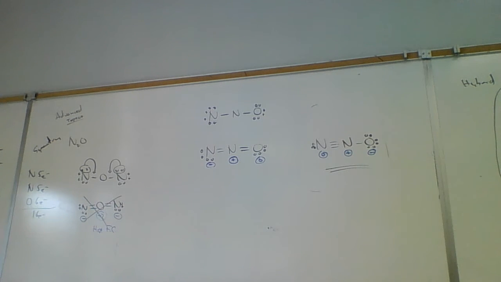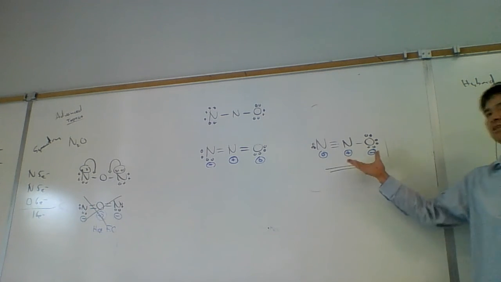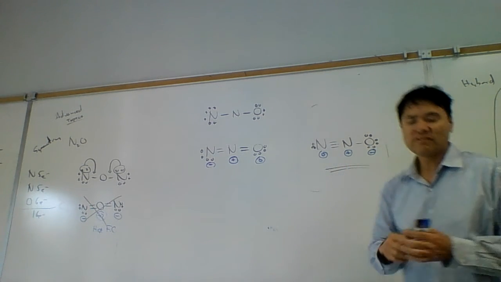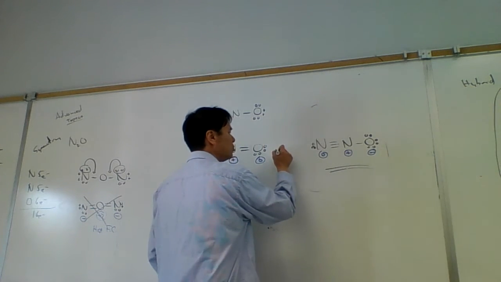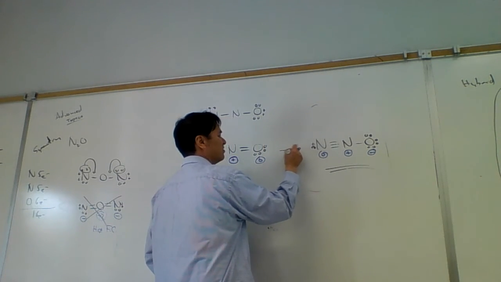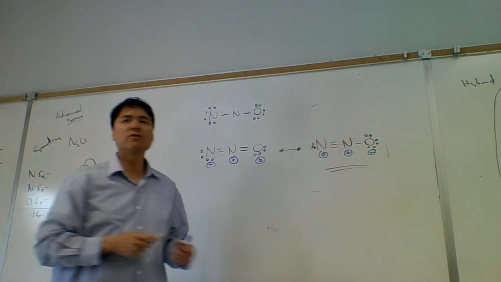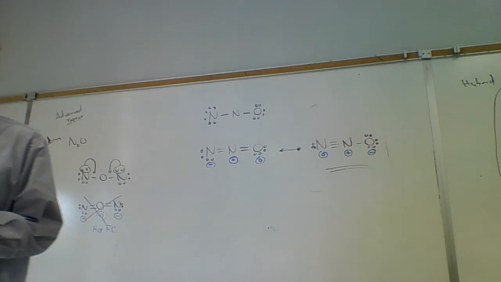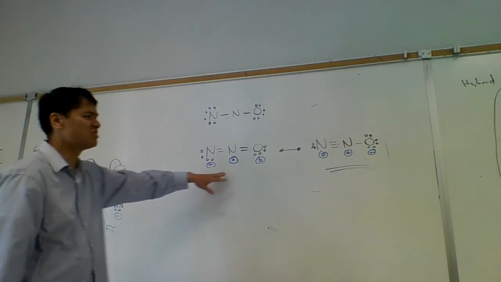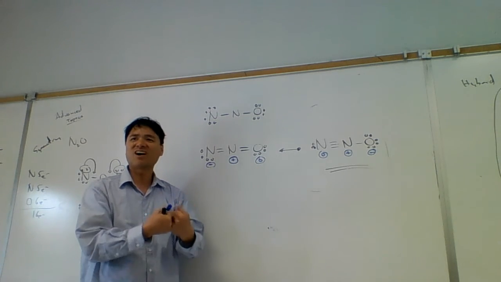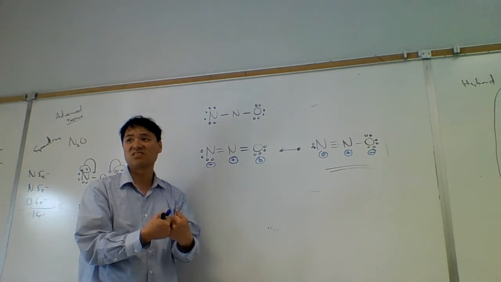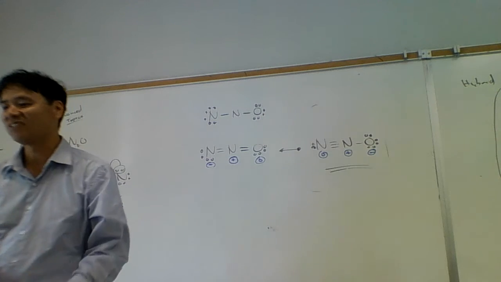No, there isn't a huge difference. This is not totally dominant. In fact, these are what we call inequivalent resonance structures. So far, all we've been looking at are equivalent resonance structures. These are inequivalent because there isn't a huge difference. Nitrogen and oxygen are both pretty powerful. So that's what happens here.